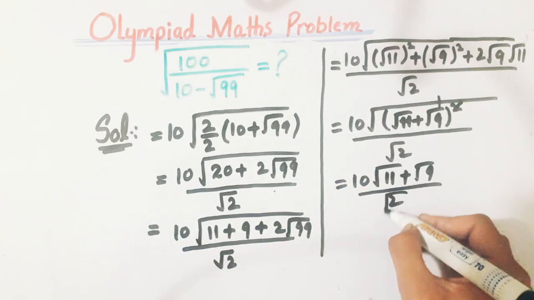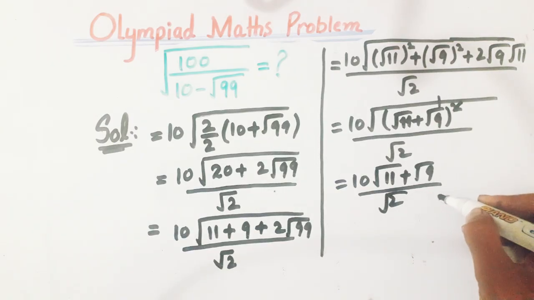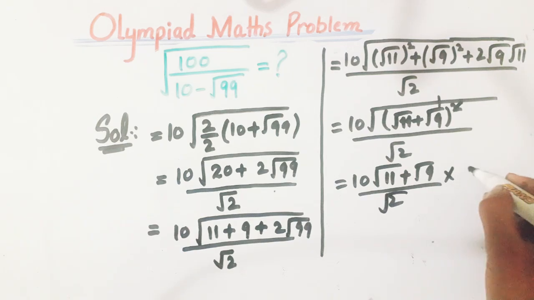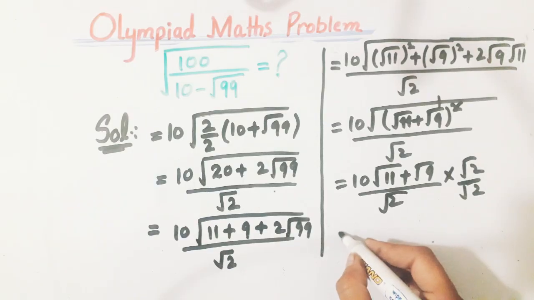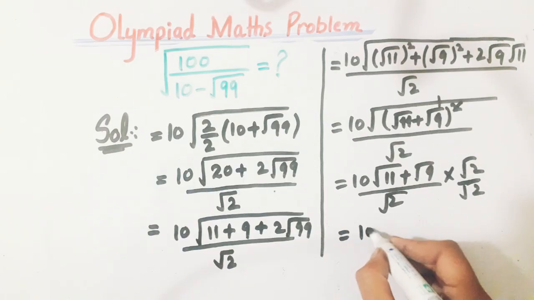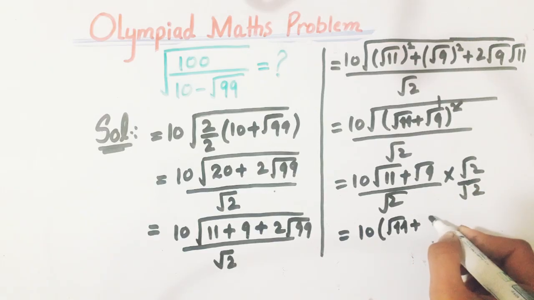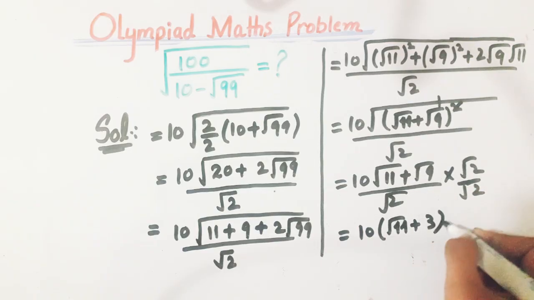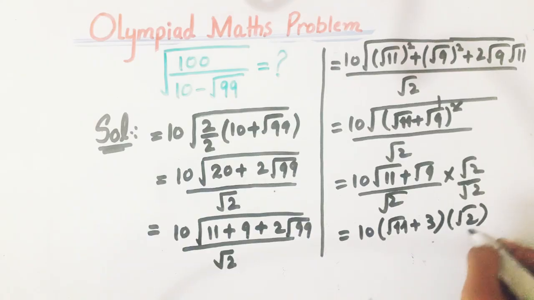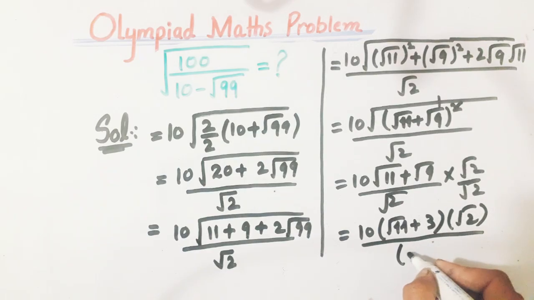Now we will rationalize this, multiply and divide by root 2. So this will become 10 into root 11, and root 9 can be written as 3, and root 2 divided by root 2 square.